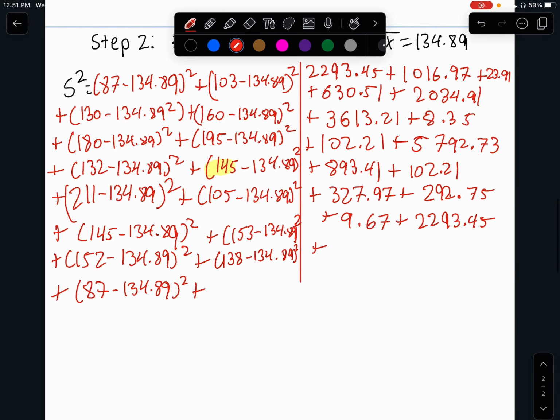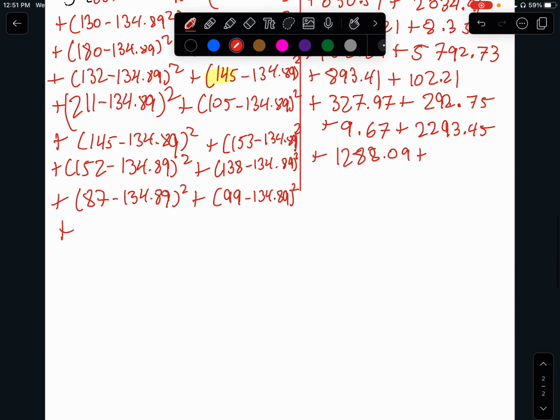99 minus 134.89 squared. When we take that to the power of 2, we get 1,288.09. When we add the next one, we have 93.